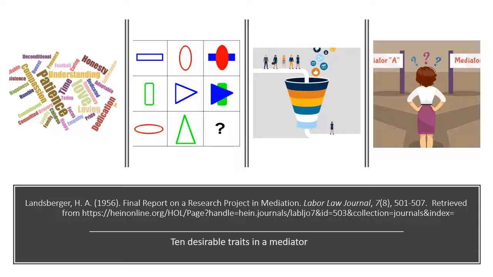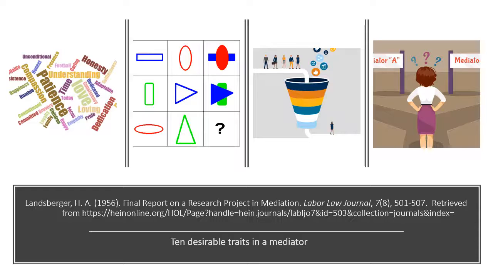He got those 10 characteristics after talking to many mediators, mediation agencies, and lawyers that have been involved in disputes and have used mediators. And from the feedback he got from all the people that he was talking to, he came up with those 10 specific characteristics.